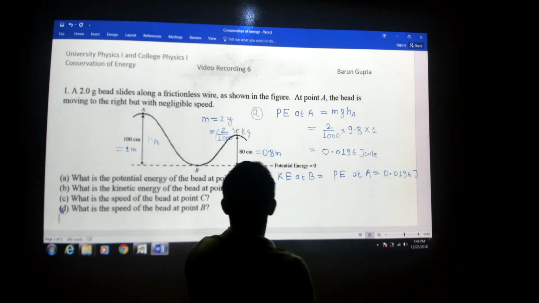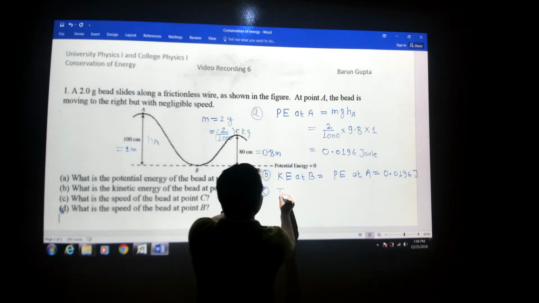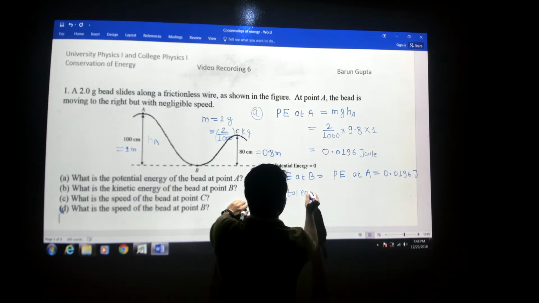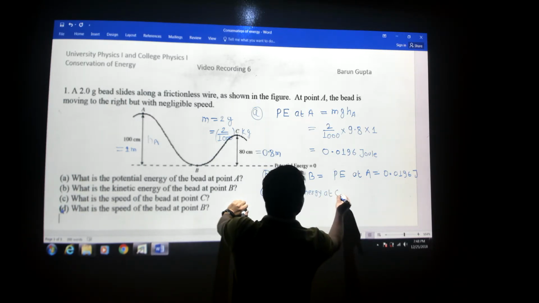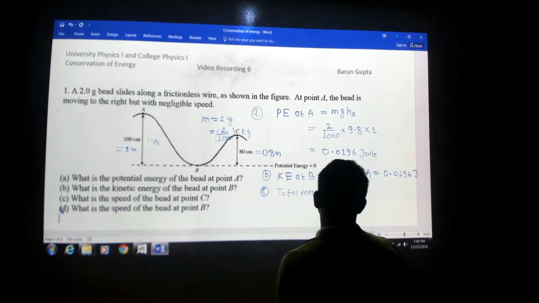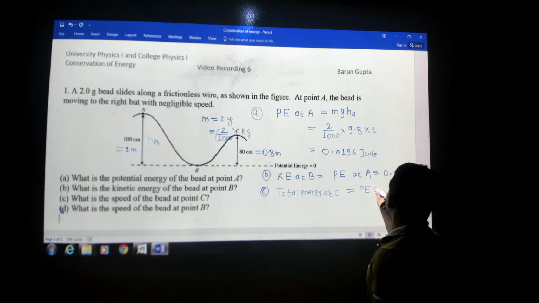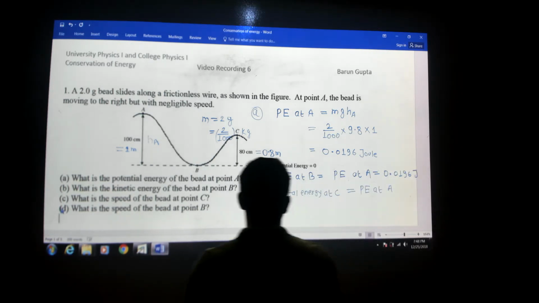Let me write down this way. The total mechanical energy, the total energy at C, is equal to the potential energy at point A. What is the total energy? It has the potential energy and the kinetic energy.